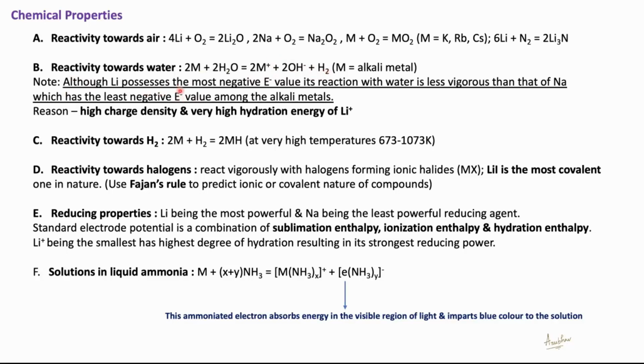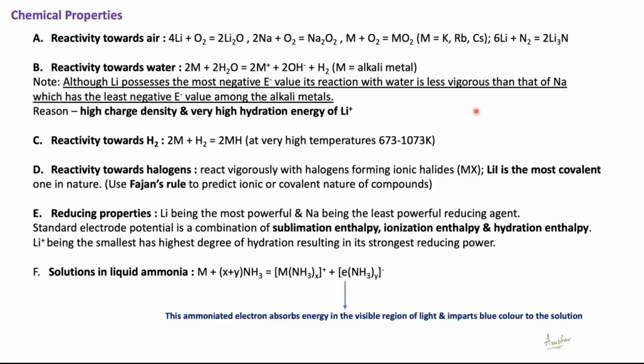Although lithium possesses the most negative E0 value, in the last slide you might have encountered that lithium has a minus 3.04 volt electrode potential value, so it should react with water more vigorously, but that is not the case. Sodium, which has the least negative E0 value, that is minus 2.7, actually reacts with water more vigorously. So that is an anomaly.